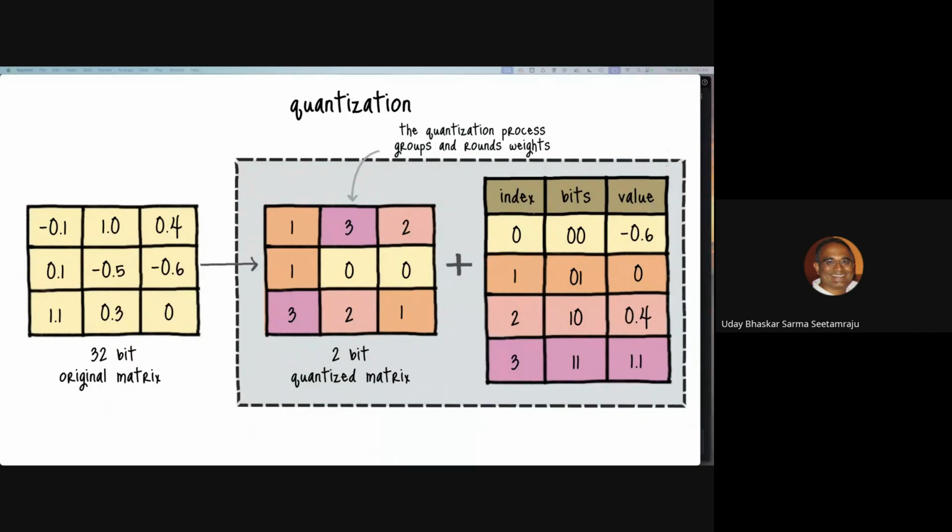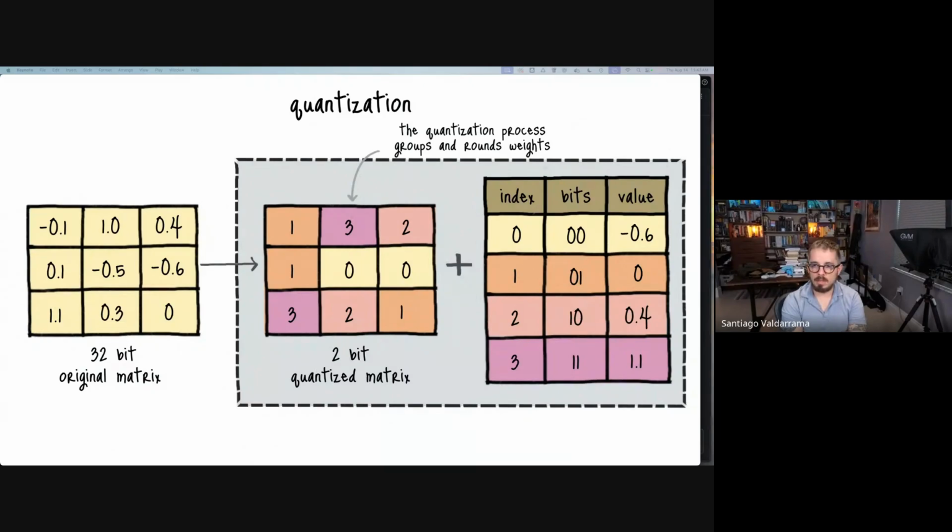Elon's tweet was something like: we went from float 16, so 16 bits per value, to int 8. That's the step they took. So basically, they cut in half the amount of memory they needed for one of their models.